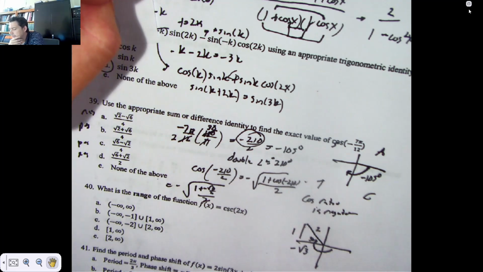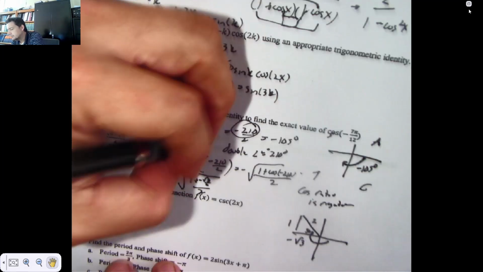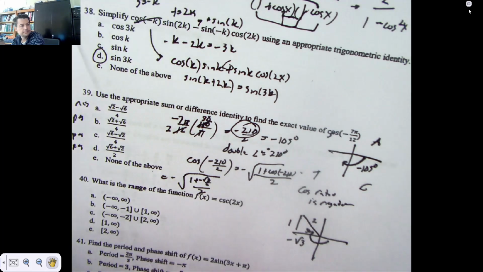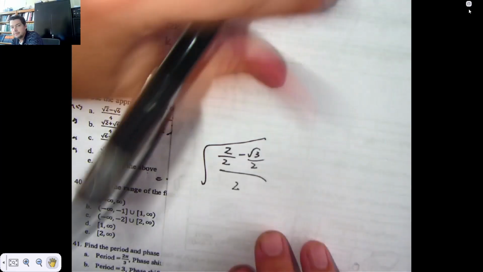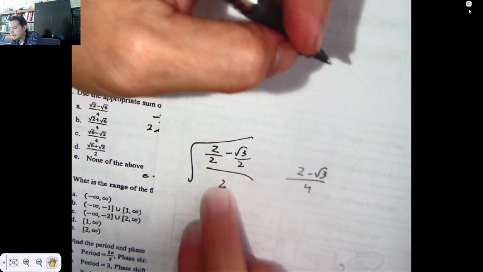So we clean this up. Wish I had more room. We'll put these pieces together. That would be 2 over 2 minus root 3 over 2, all over 2, which becomes 2 minus root 3, now sitting over 4.